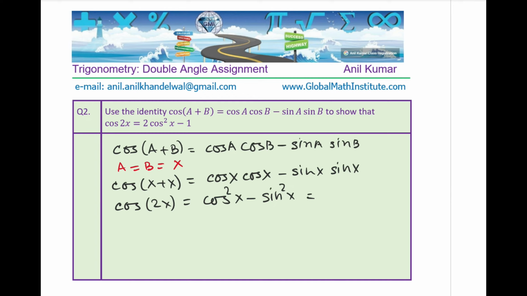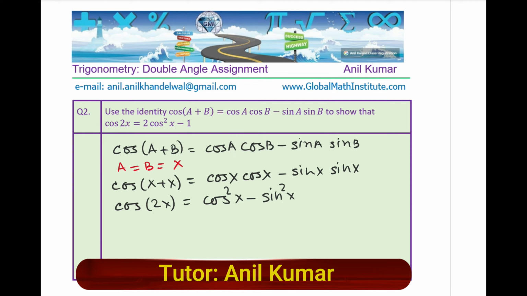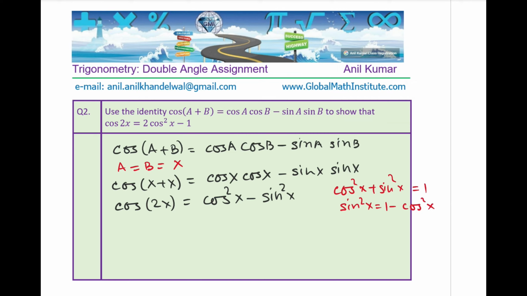Now for the right hand side, we can write sin square x as 1 minus cos square x, right? So we know cos square x plus sin square x equals 1, or sin square x is 1 minus cos square x. So we can substitute it here. In that case, we get cos 2x equals cos square x minus (1 minus cos square x).